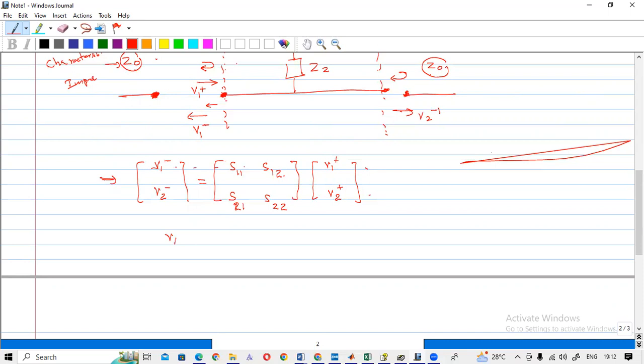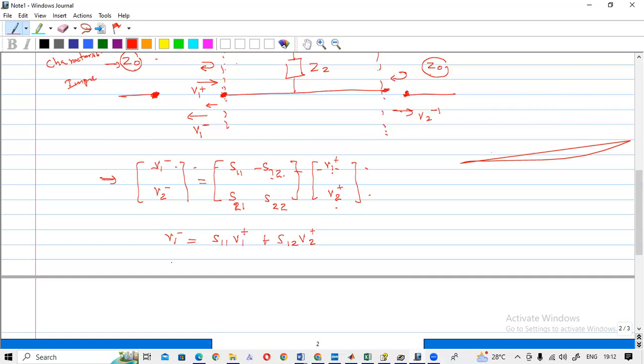This row. Okay, so V1 minus is equal to S11 V1 plus S12 V2 plus.